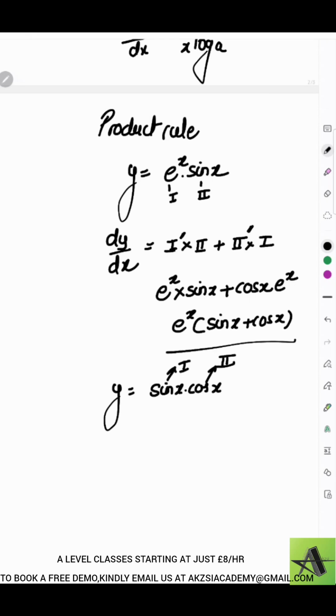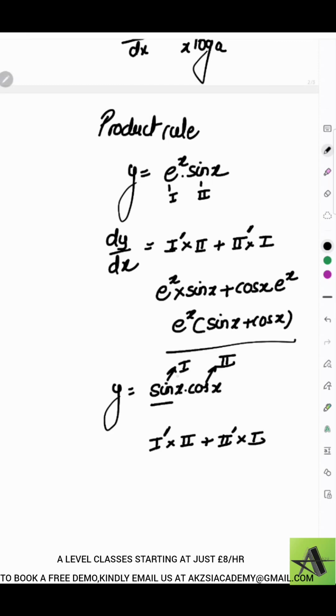So differentiation of first function times second function plus differentiation of second function times first function. So first we are finding the derivative of first function and multiplying it with the second function as it is, plus the derivative of second function and multiplying it with the first function.